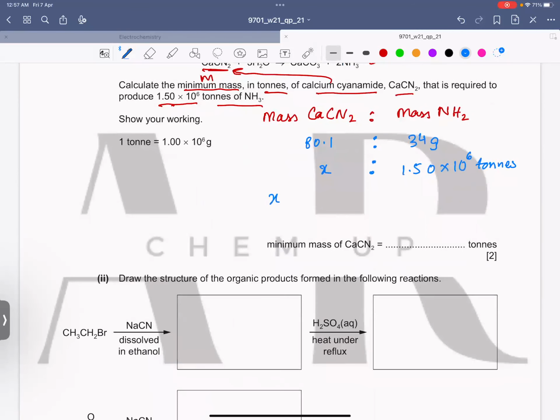So if I calculate, X is equal to 80.1 times 1.5 exponent 6 divided by 34. So can anybody solve and tell me the answer?